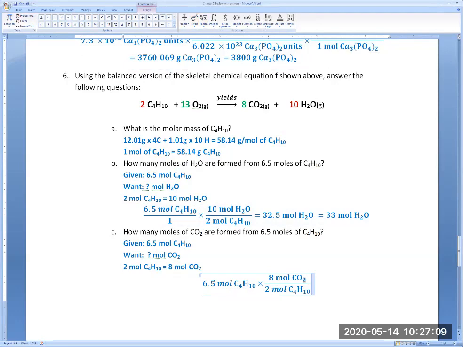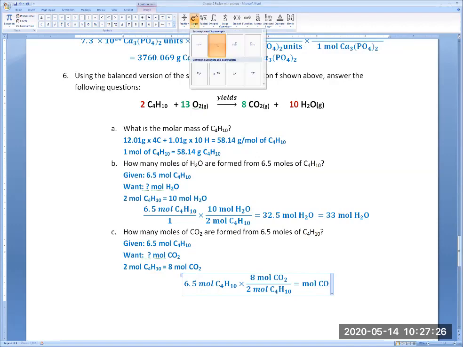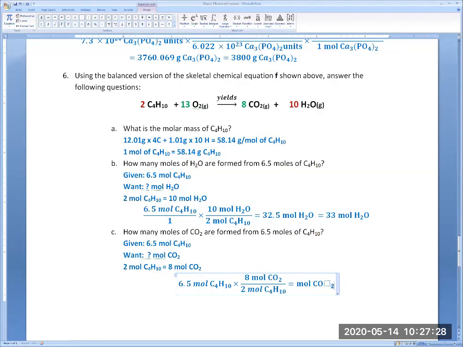Right, so this way the moles of C4H10 cancel, and we're left with moles of CO2, which is what we want. So that's showing you that this is the correct setup. So units cancel properly, and now we do in the calculator 6.5 times 8 divided by 2, 26.